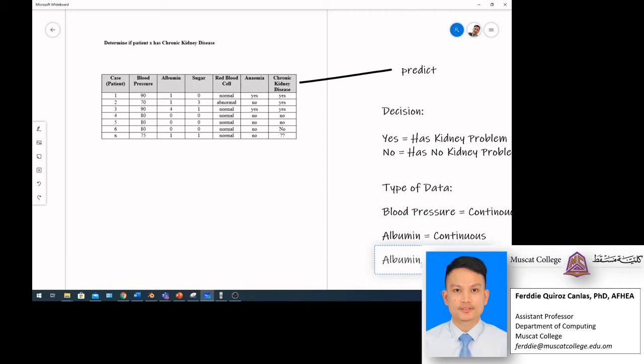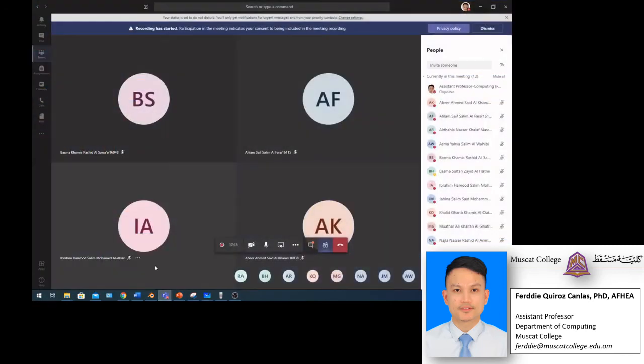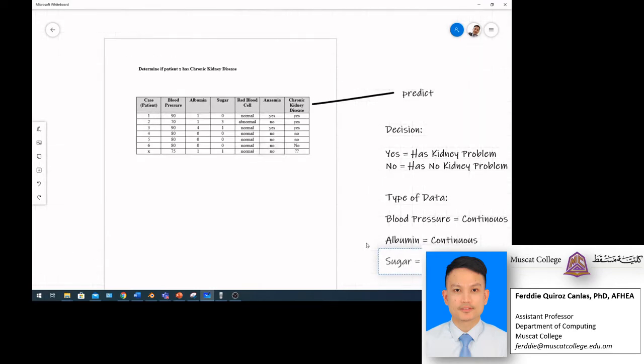So you have to look at what kind of data you're working with, because we'll be using a separate formula for each data.